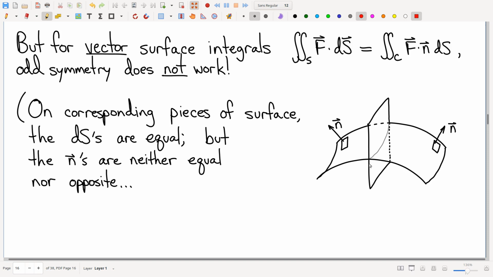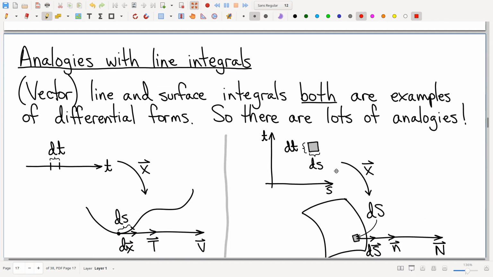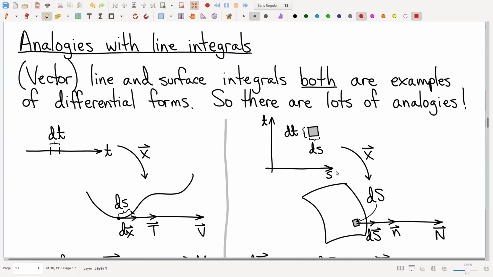Okay. All righty. The last thing I'm going to leave you with is I claim that there are some really strong analogies between vector line integrals and vector surface integrals. I believe it's fair to say that this should be surprising. After all, vector line integrals developed out of computing work involving forces over a line, over a curve, right?